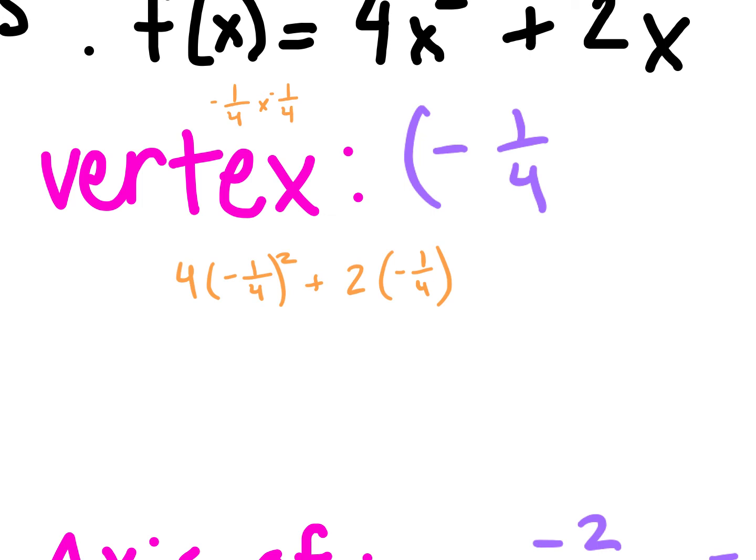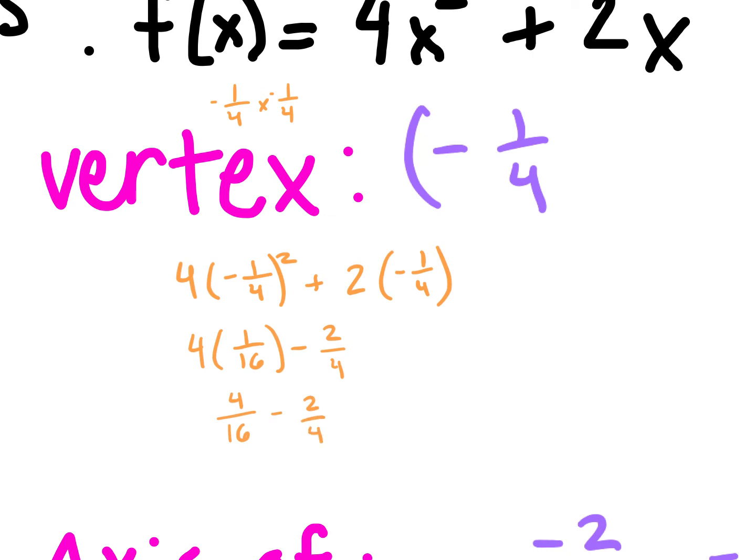What's 4 times 4? 16. So this would be 4 times 1 over 16. And then what's 2 times negative 1 over 4? We could say 2 over 4. So this would be 4 over 16 minus 2 over 4.